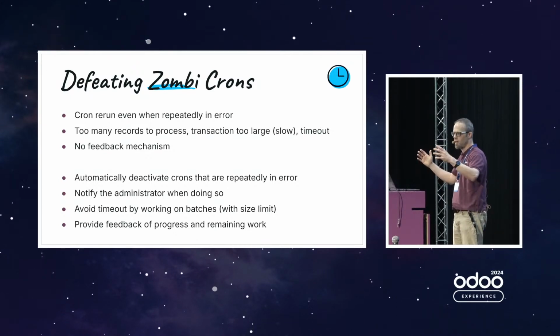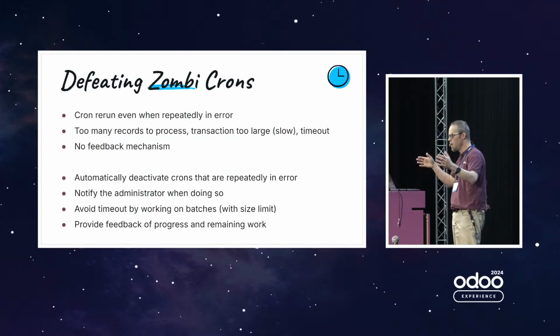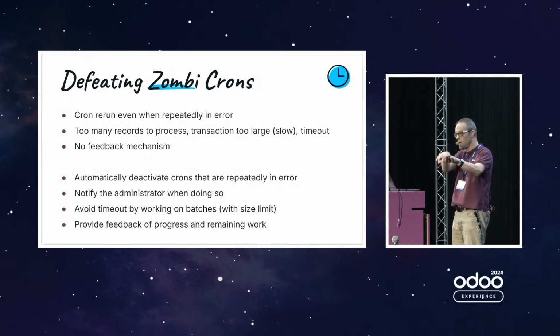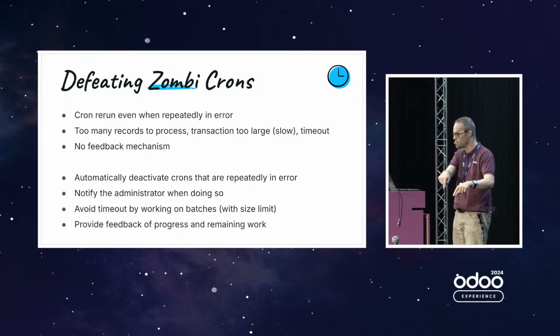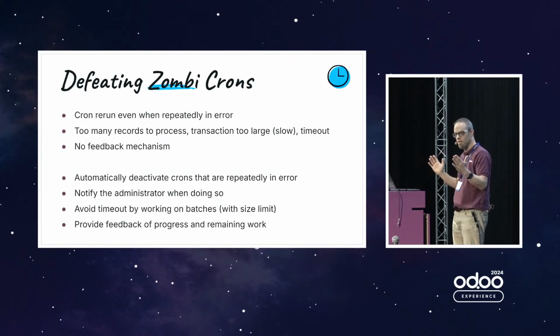But when you have a million records to update, at some point Postgres has to store all those things before it can commit. The memory of Postgres is limited.